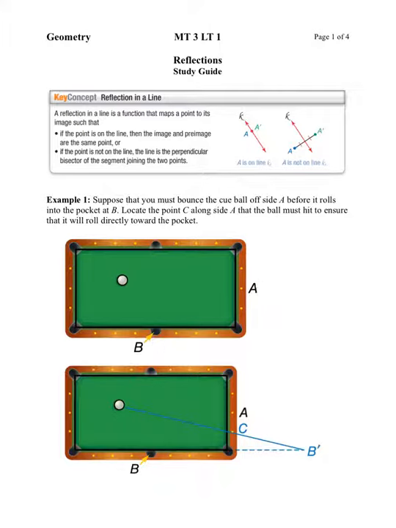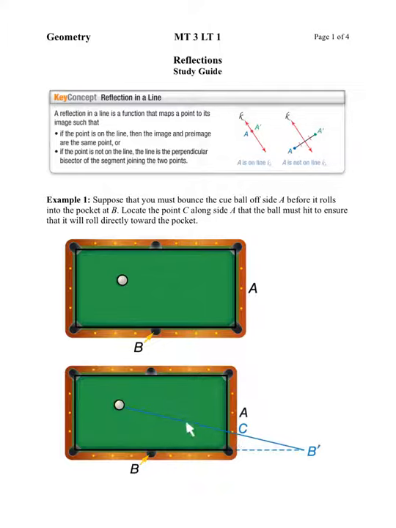We take B and we treat A as the line of reflection, and I reflect B across A. I've done that in the picture down here. So I took B and reflected it across to B prime. Then I connect a point for my cue ball, or my ball, straight to B prime. Where it hits, that point is where we want to place the ball.